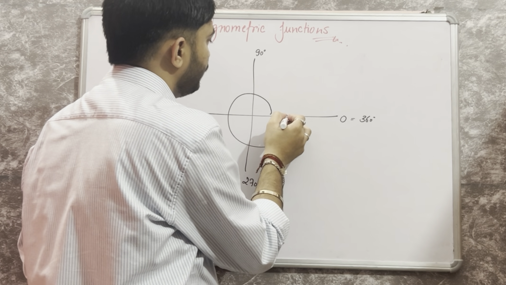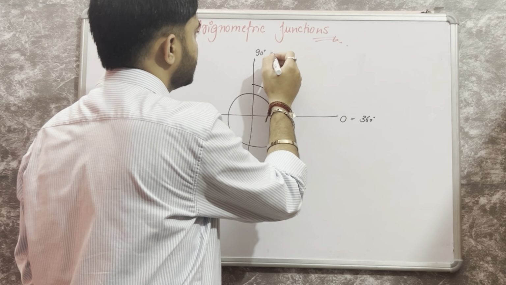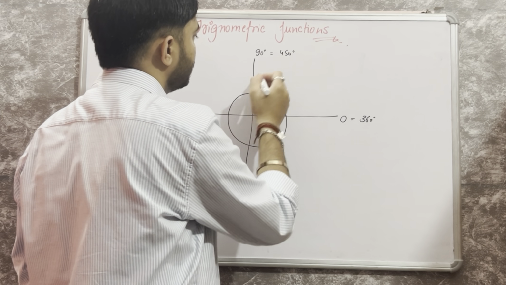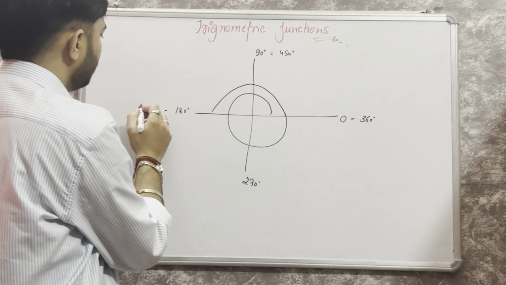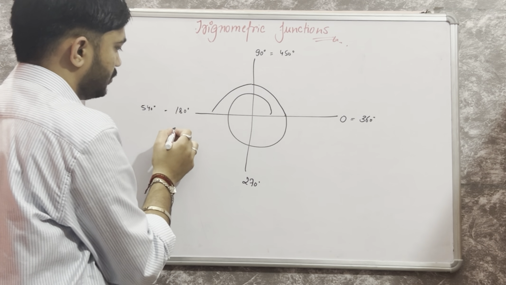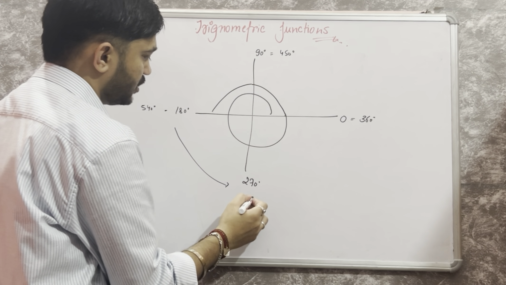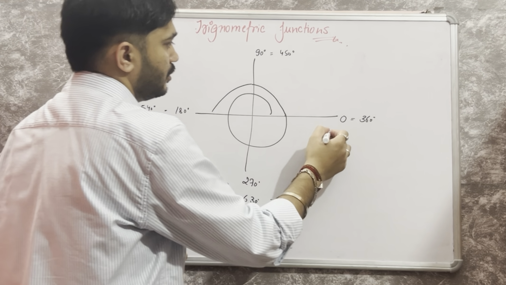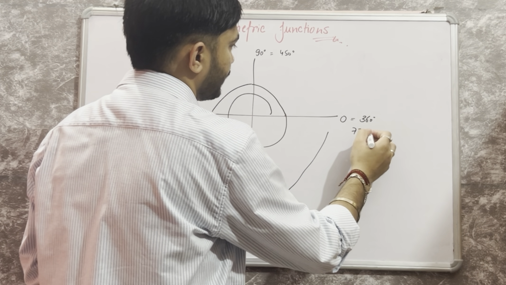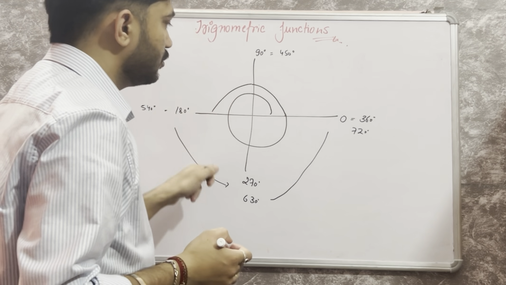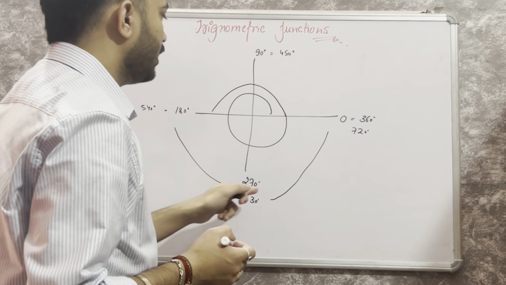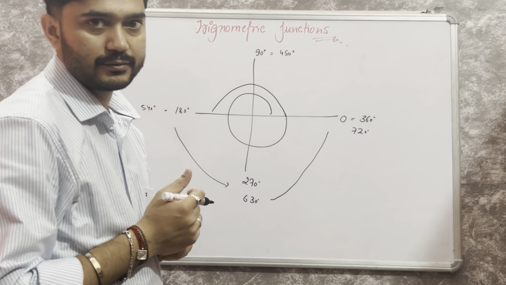So on, if we are going to move forward, it is 450, 540, 630 and 720, so on. So we are going to have more and more big angles based on it.